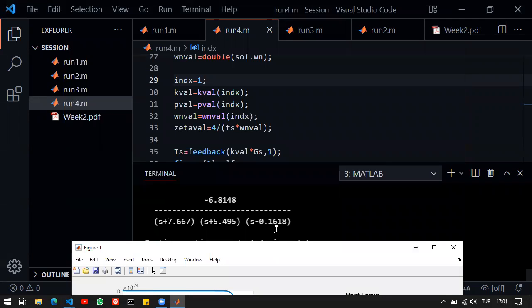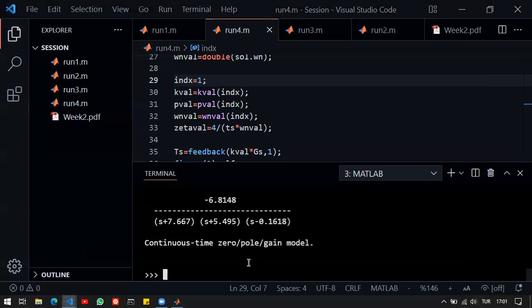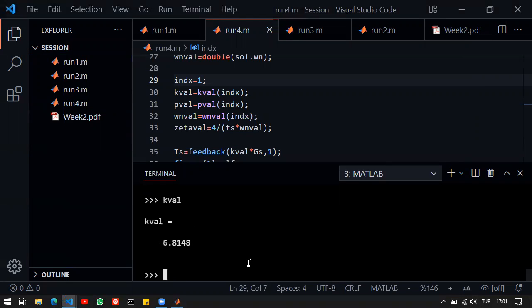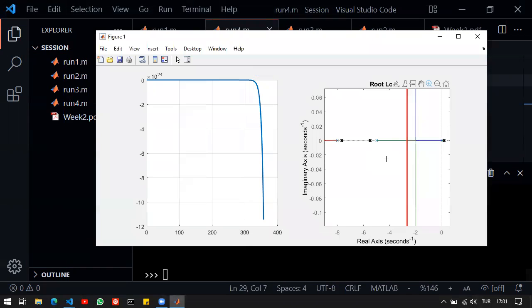So 0.16 on the right half plane means instability. But I also see that my K value, my controller, is negative, which means that I'm on the negative root locus, not on the positive one. And you can see that here, obviously.